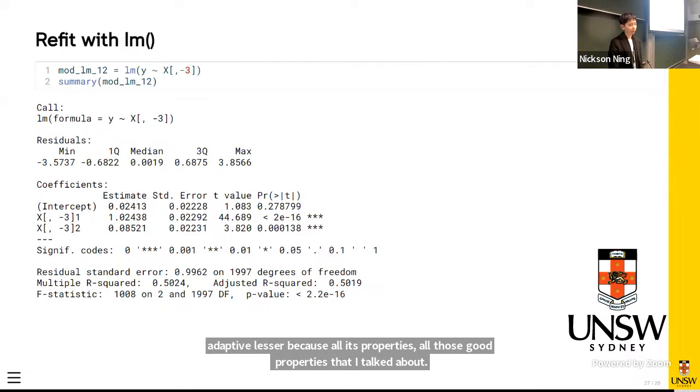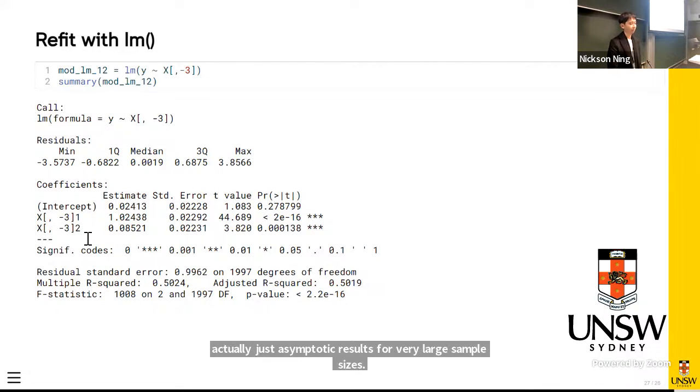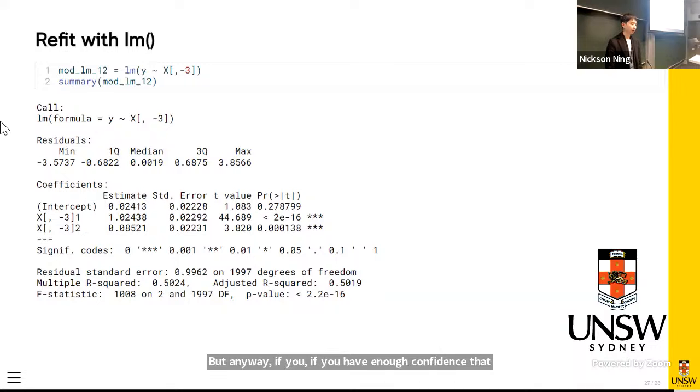But anyway, if you have enough confidence that you have a decent sample size, you can refit the model with, in this case, just the lm function, the usual least squares model.